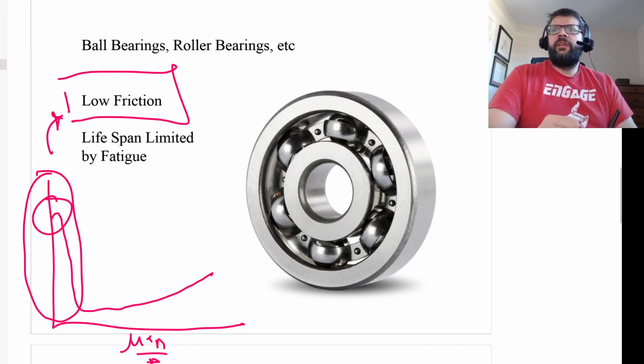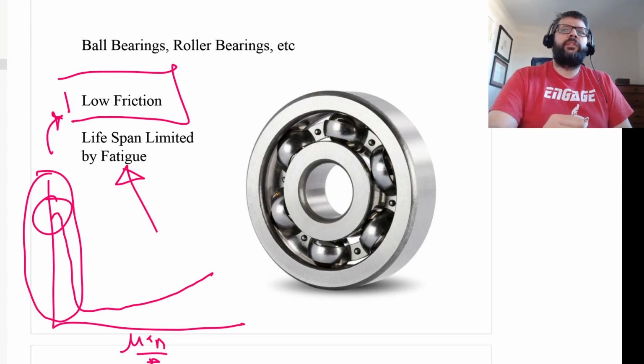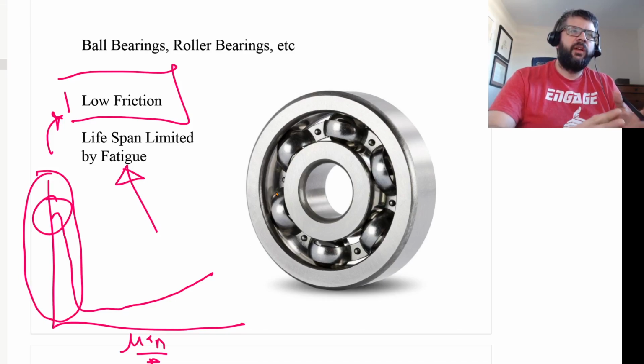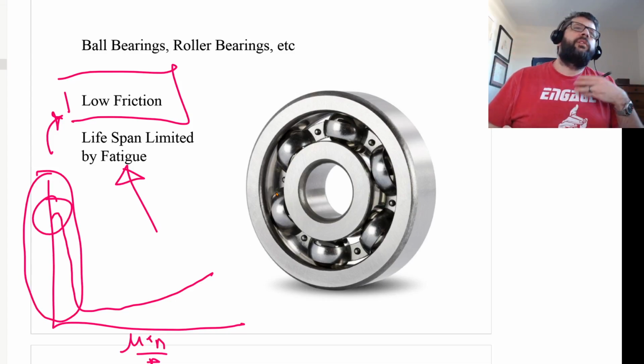Unlike journal bearings, we are talking lifespan limited by fatigue. Again, the balls or the rollers are going to be seeing alternating stresses as they roll around, so that's eventually going to lead to fatigue failure of your bearing.